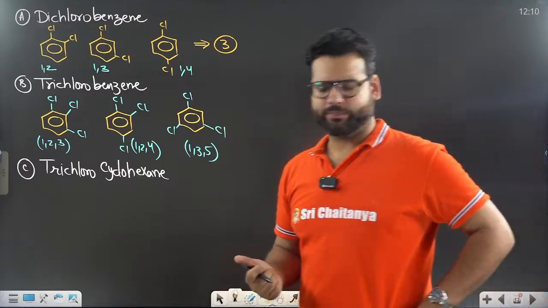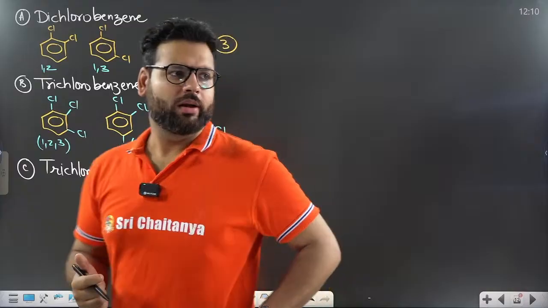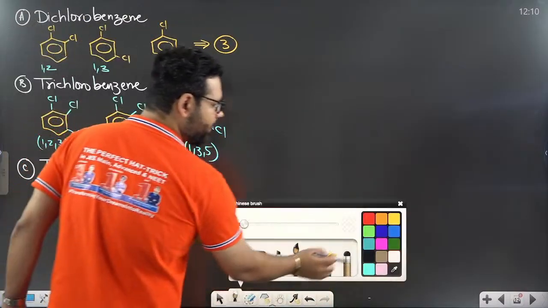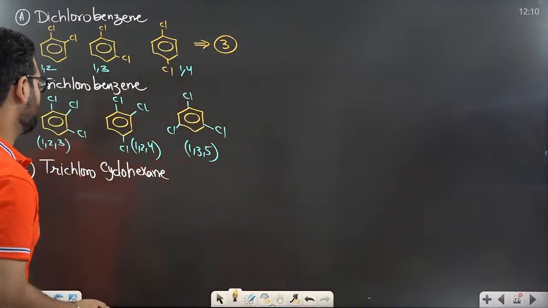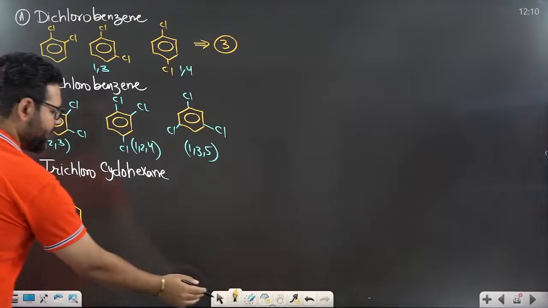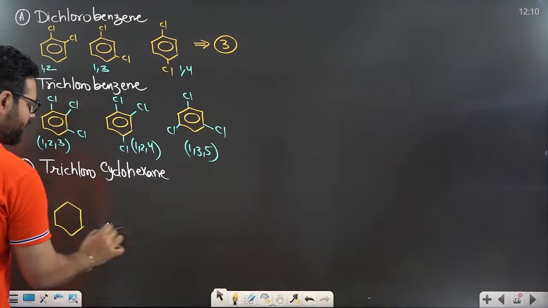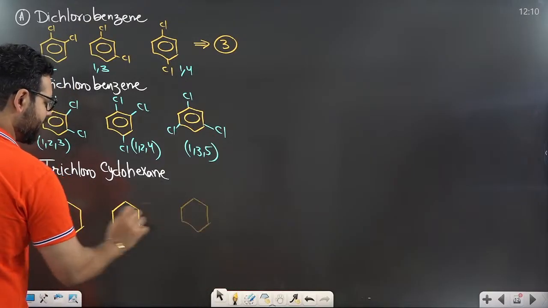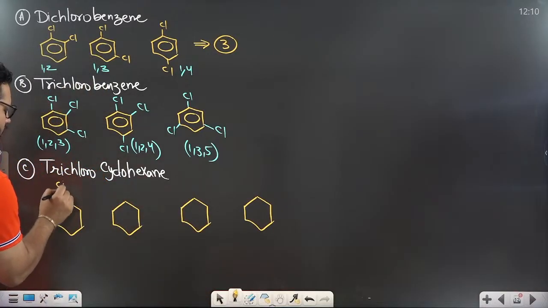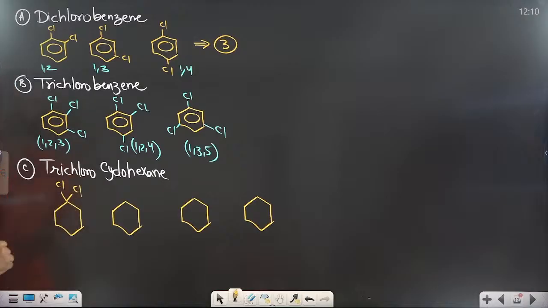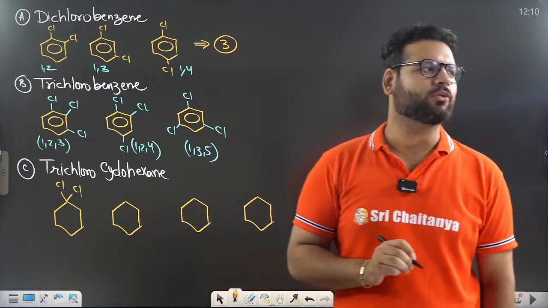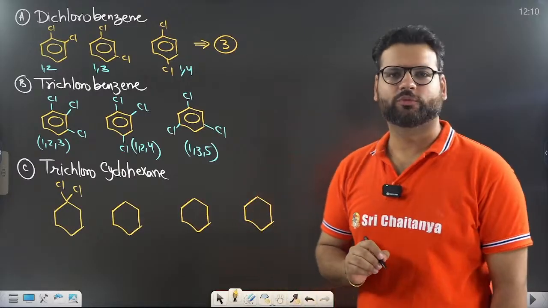Can you tell me? Trichlorohexane. Beta, in trichlorohexane, this is not benzene, this is hexane. Means one carbon can also get 2 chlorines. So you did it wrong.